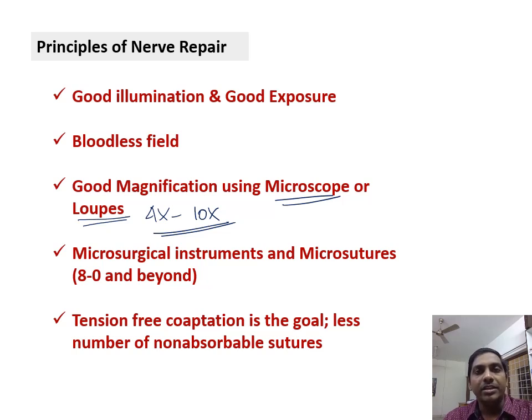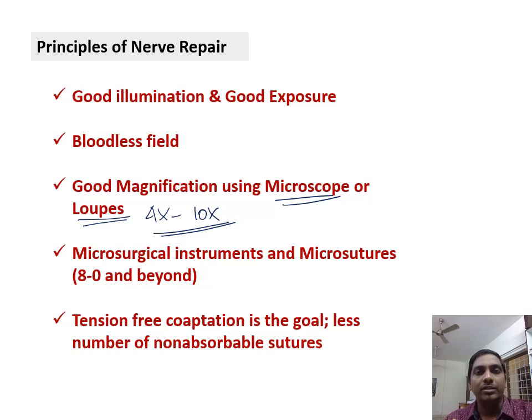Tension-free anastomosis is the dictum for all kinds of anastomosis, be it vascular anastomosis, nerve anastomosis, or bowel anastomosis. Tension-free anastomosis is the rule, and a small amount of sutures should be used to achieve this, because the more sutures, the more the chances of foreign body reaction and scar formation.